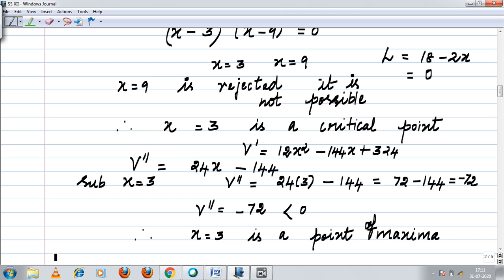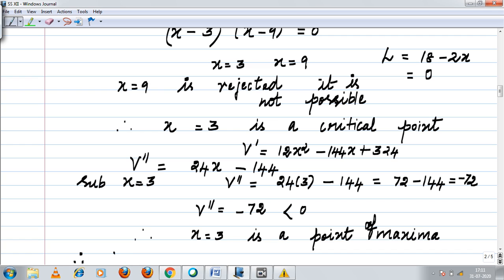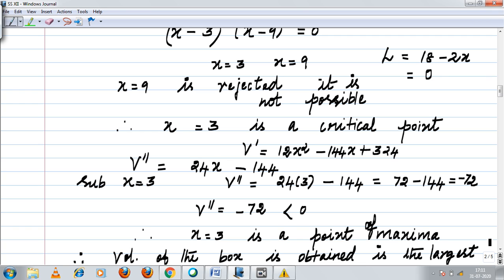Therefore, the volume of the box obtained is the largest. Maximum means the volume is the largest, right? Now you understood, children?